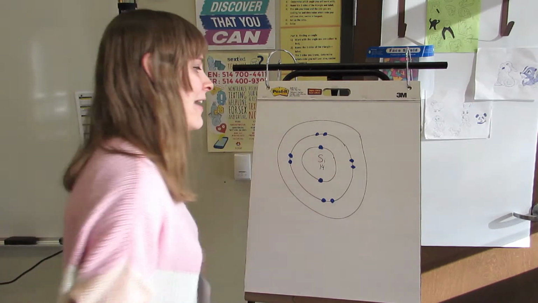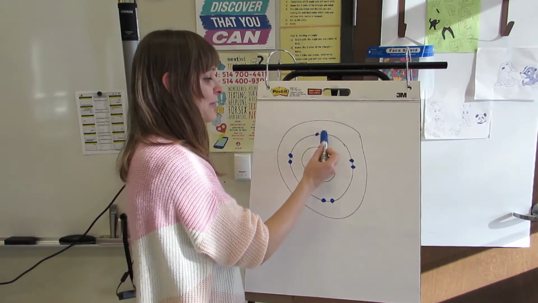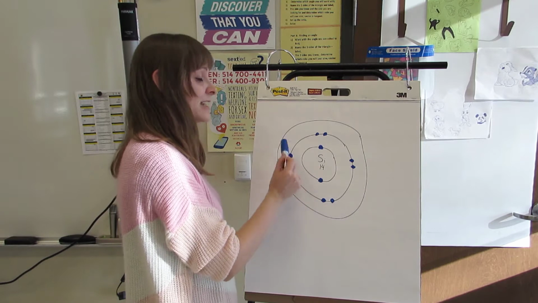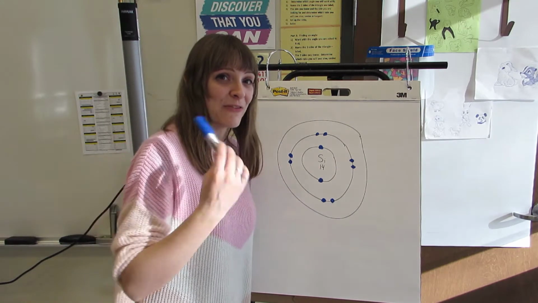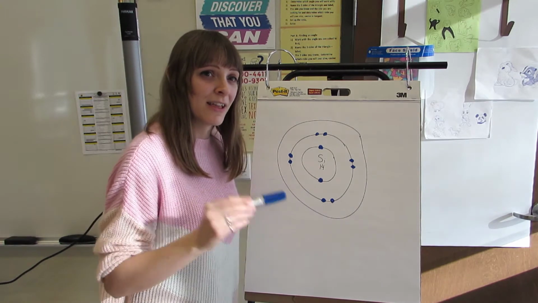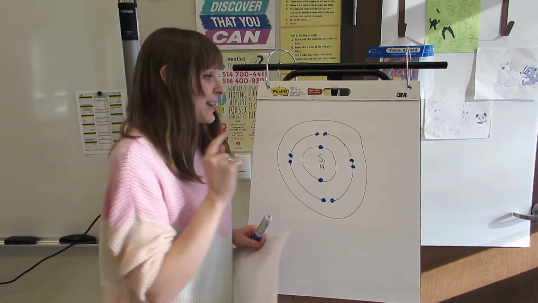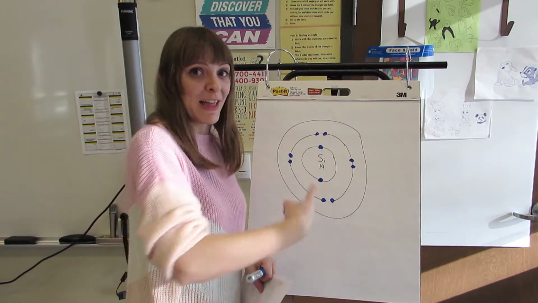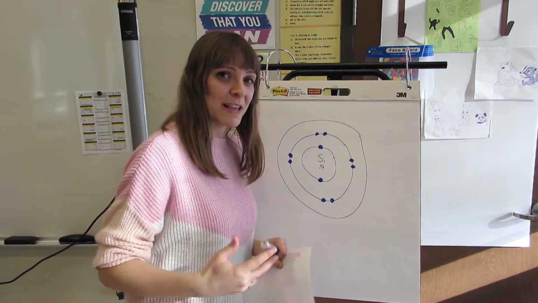So right now we have 1, 2, 3, 4, 5, 6, 7, 8, 9, 10. That means that we have 4 left to draw. So the outside ring is only going to have 4 electrons, even though there's space for 8.